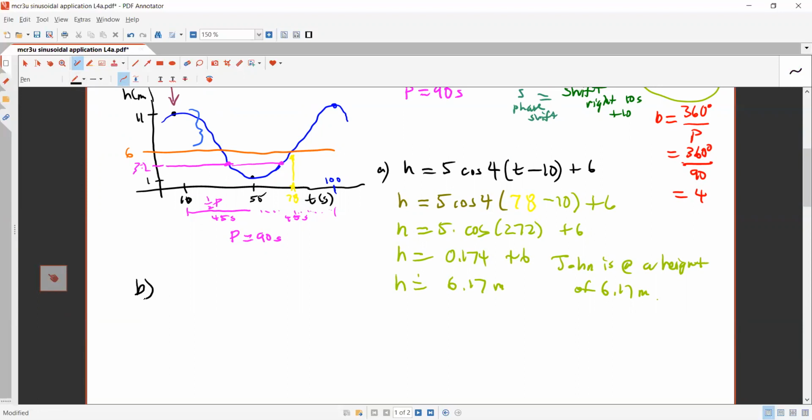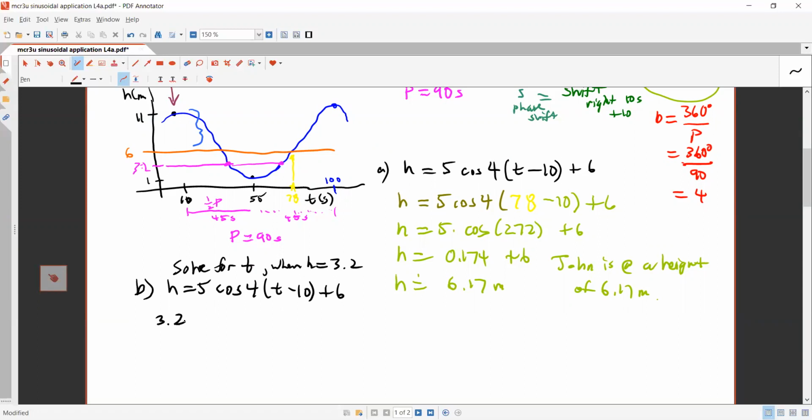So what does this mean? Let's just write the equation out again. h equals 5 cosine 4 times t minus 10 plus 6. And we're trying to solve for t when h equals 3.2.